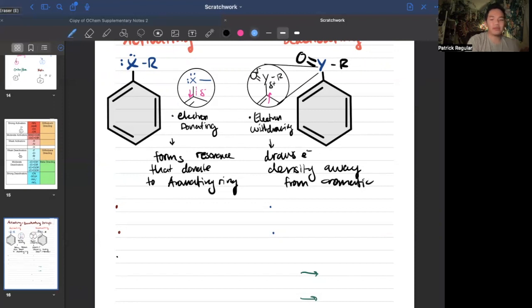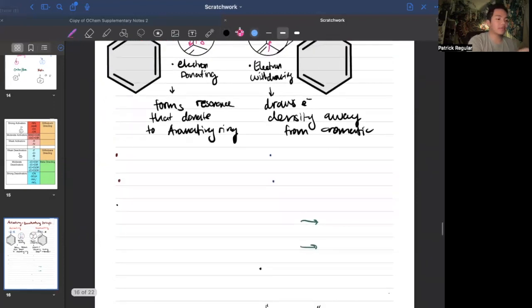How is this relevant? Well, let's start from the left. If it's electron donating and pushing electrons into the aromatic ring, it speeds up the reaction.